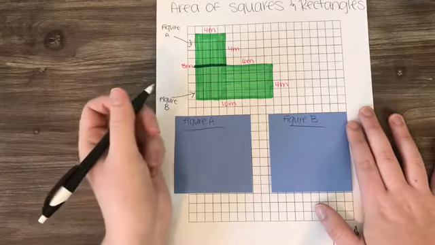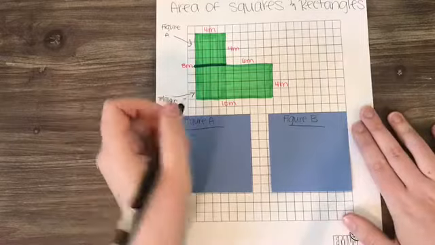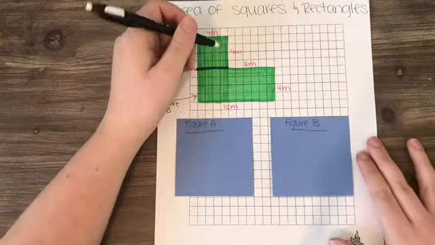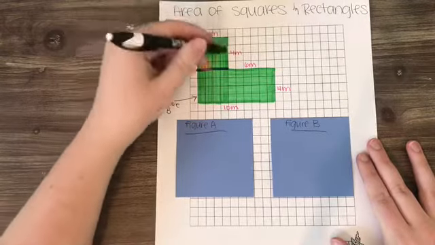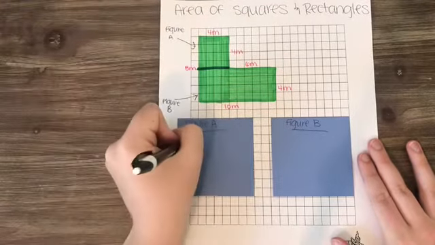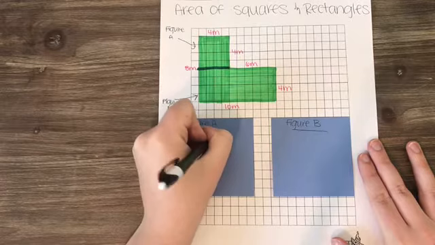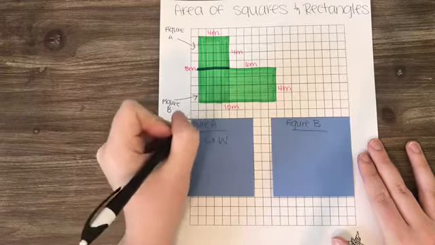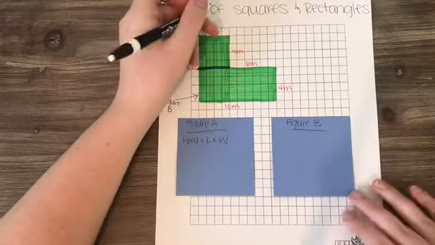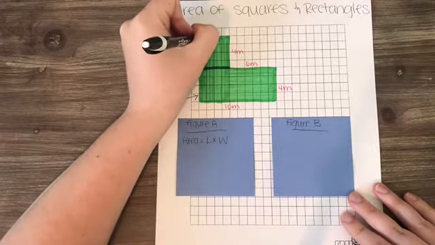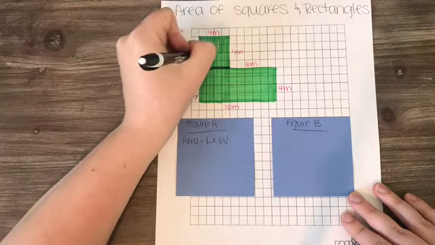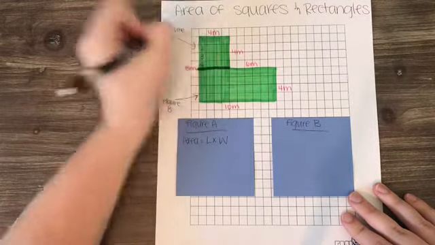So now we need to first look at figure A and figure out the length and the width for this shape, so that way we can find area. Remember, our formula is length multiplied by the width. So let's see, we have a length of 1, 2, 3, and 4.